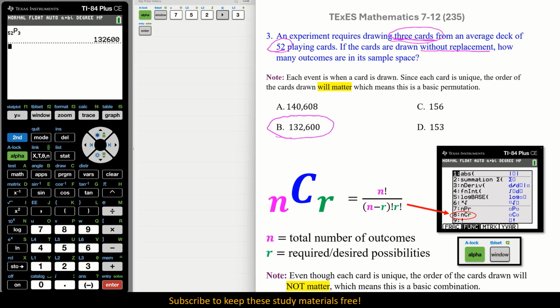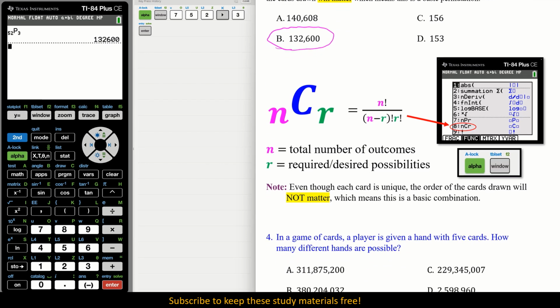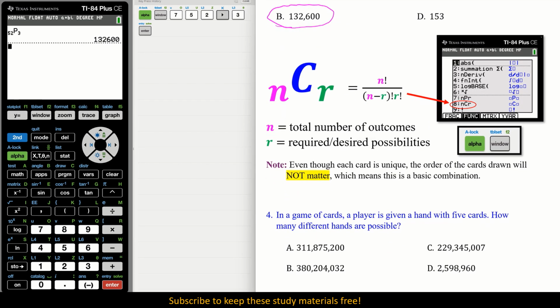Now, let's look at the difference in a combination. We go to a combination in the calculator the exact same way, except we're going to select number 8. So this is when the order doesn't matter. Yes, they might be unique, but I can shuffle them around and I have just the same combination.